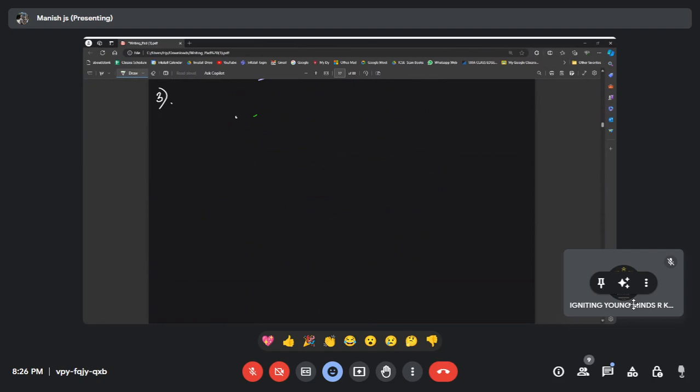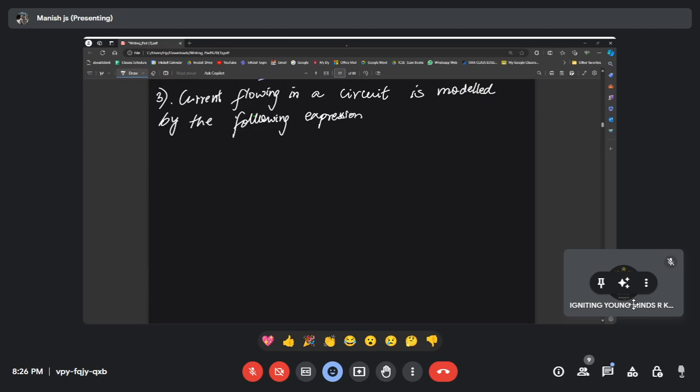So here is the question. The current flowing in a circuit is modeled by the following expression.